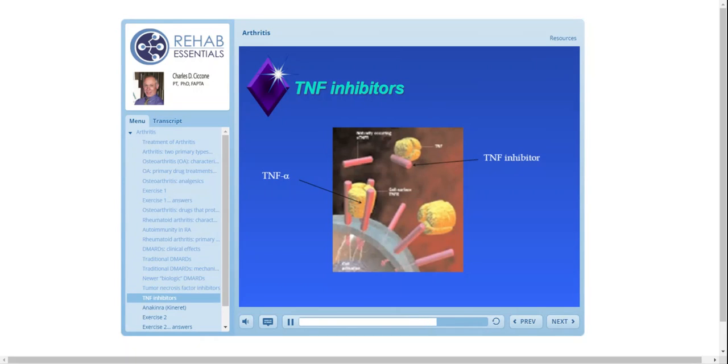So it's an ingenious, pretty simple mechanism, where by creating the binding protein essentially as a drug, we can allow it to float around in the bloodstream and glom onto these tumor necrosis factor mediators so that they can't then attach to the joint.